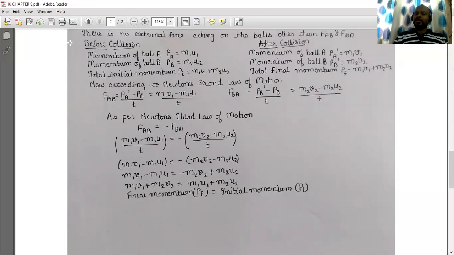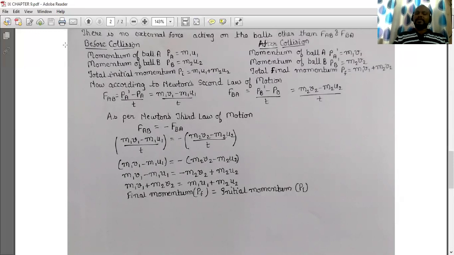After collision, the momentum of ball A is symbolized as PA dash, which is m1v1. Momentum of ball B, PB dash, is equal to m2v2. The total final momentum is symbolized by Pf, that is PA dash plus PB dash, which is m1v1 plus m2v2.